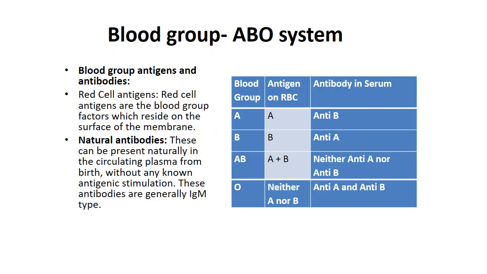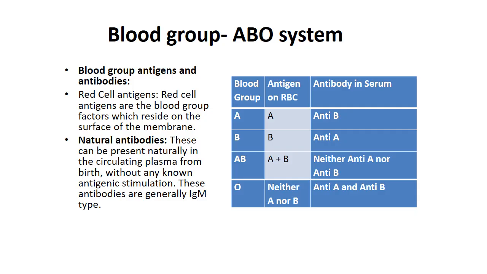Now we will see the blood group system. There are two types, ABO and RH. These antigens are present on the surface of the RBC, and by that we can determine the blood groups. Natural antibodies are IgM type, and they are present in plasma. Total 4 types of ABO blood groups are there, that is A, B, AB and O. A contains A antigen and anti-B antibody in the serum.